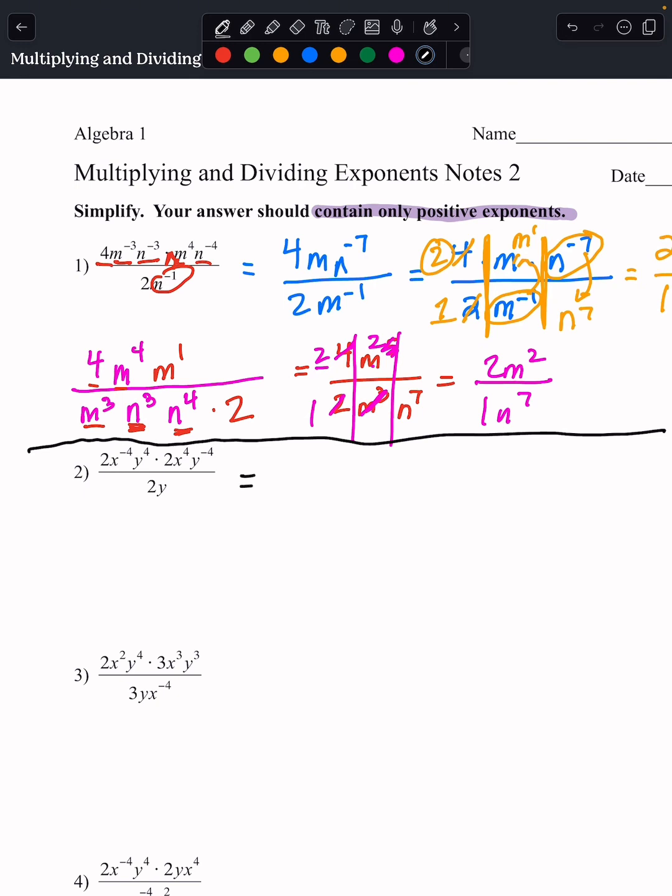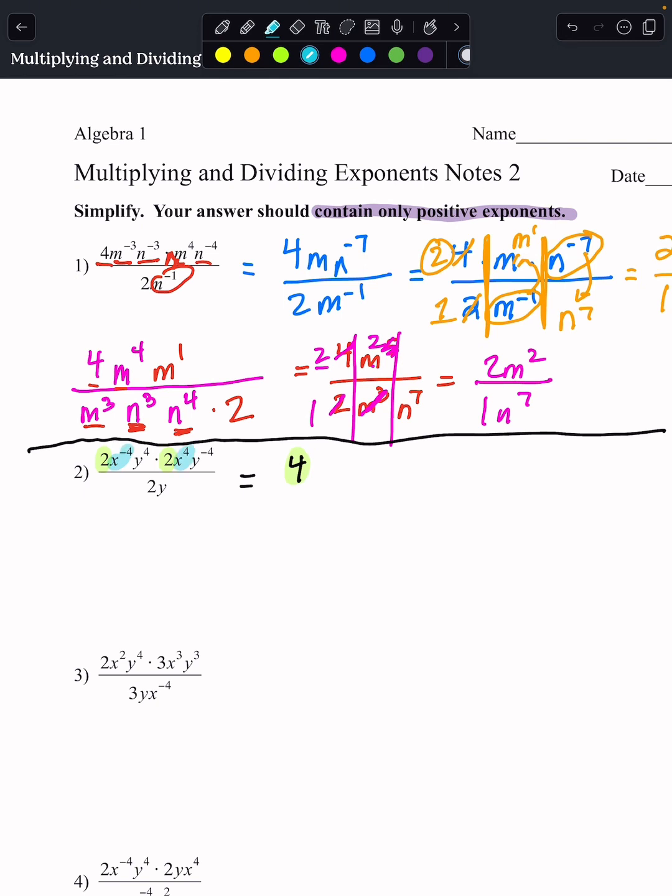So I got 2. Now this time I got numbers, so I'm going to try to go kind of slow. 2 times 2, we've got to do that first. That's going to be 4. And I'm going to highlight that green. Okay. Now the next one we have to do is x to the negative 4, x to the positive 4. What's negative 4 plus 4?